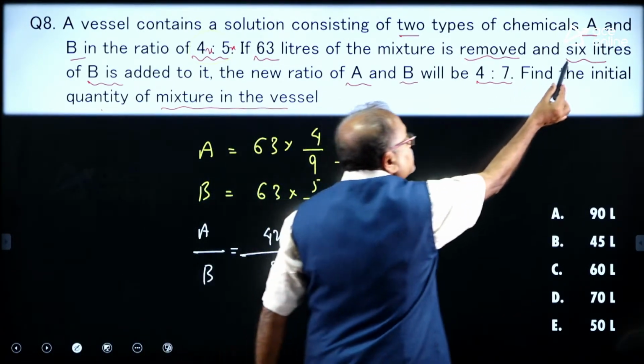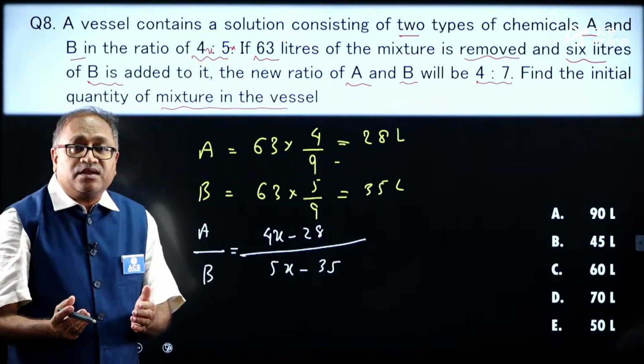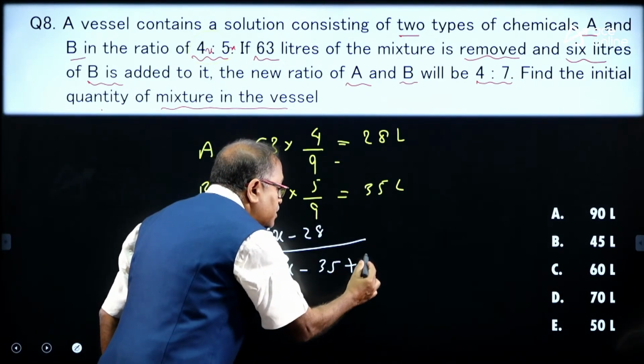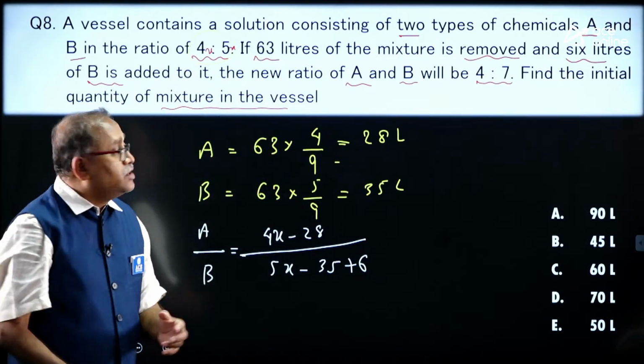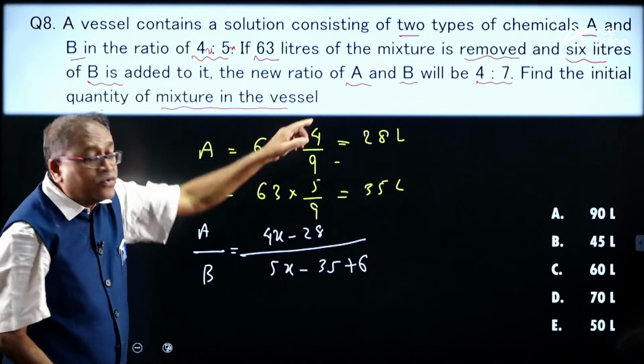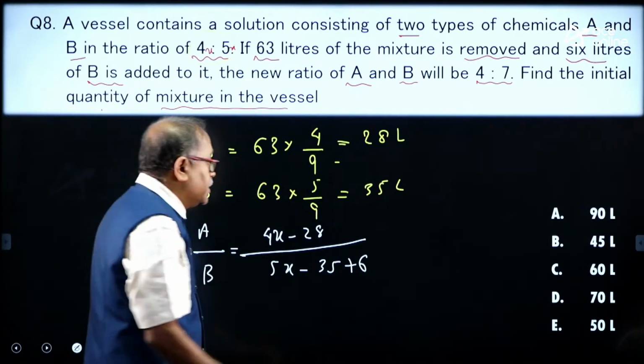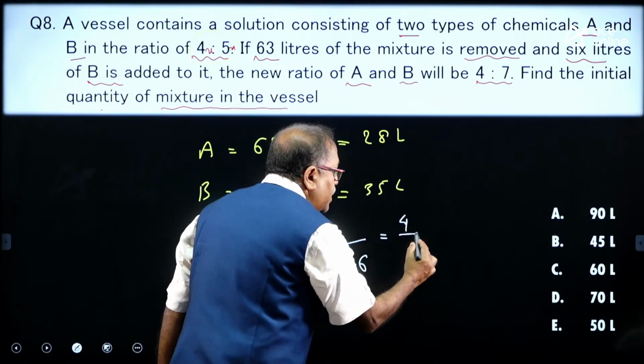How many? 6 liters B is added. So, add 6 here, then you get a ratio which is 4:7. So, here 4 by 7.